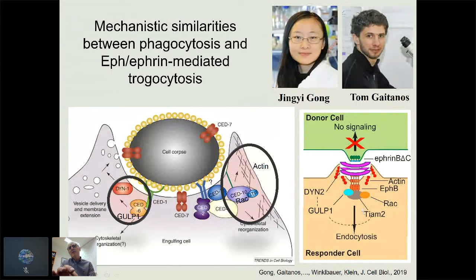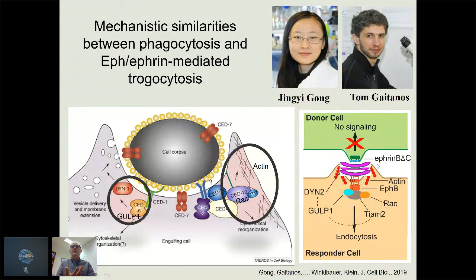So it involves Eph receptors, the TM type of RAC GEFs, RAC itself, and then polymerization of actin to be able to enwrap this lobe or piece of membrane, the recruitment of the GULP adapter protein and of dynamin, which then helps to pinch this vesicle off.